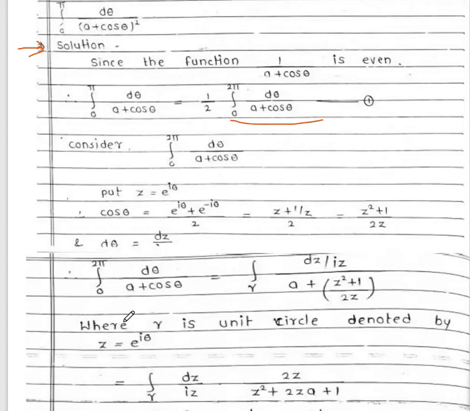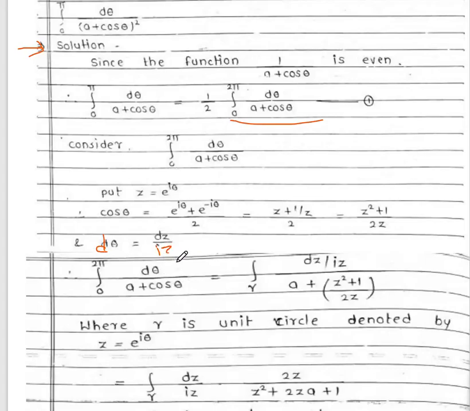So differentiate with respect to theta. Therefore d theta equal to dz upon the derivative of this term, or we can write dz upon e raised to power i theta into i, that is dz upon iz.